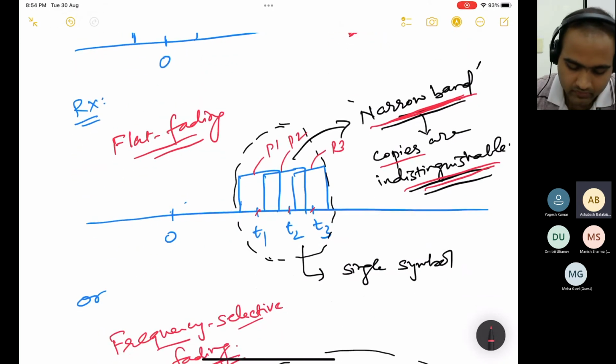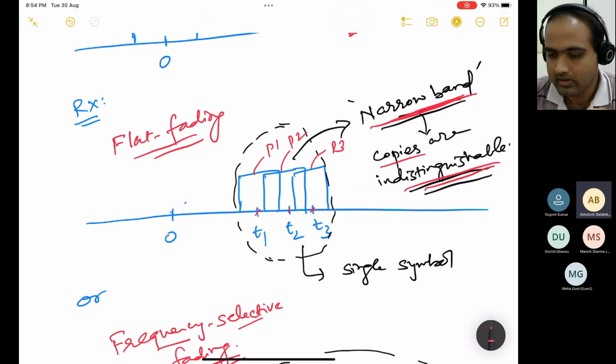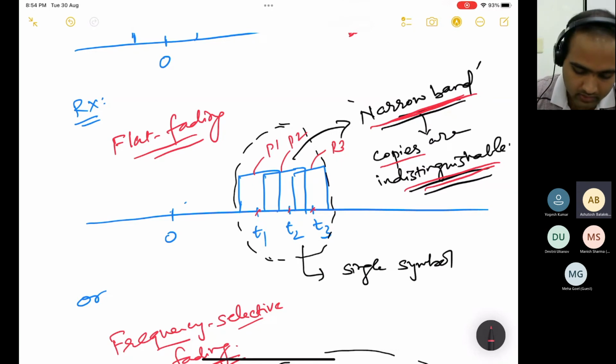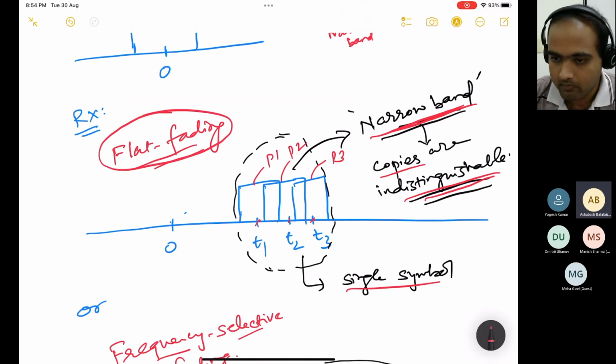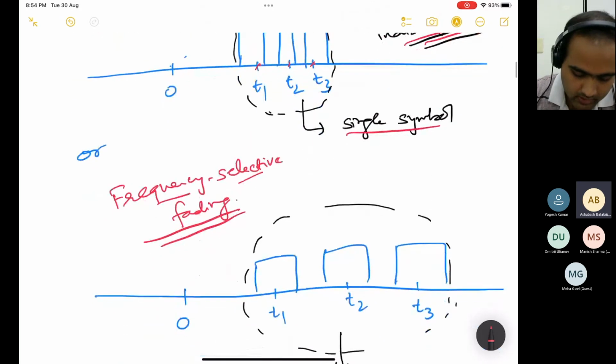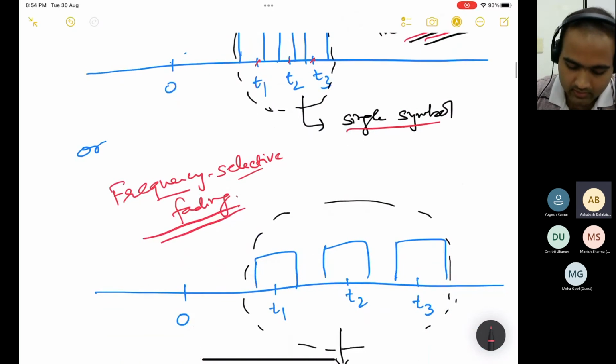So if you take T3 minus T1, we just consider all these three indistinguishable symbols as a single symbol. That is what we consider in a narrow band communication, and this scenario is called a flat fading model.